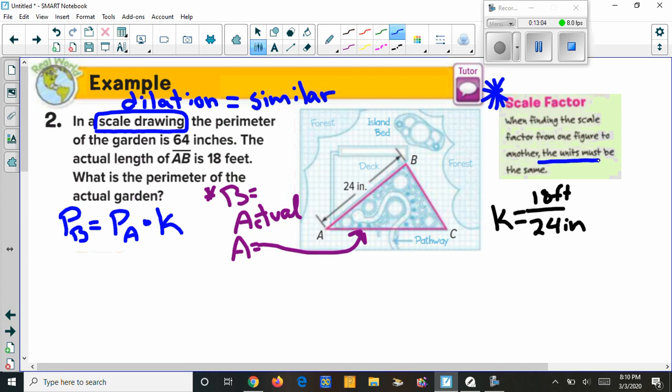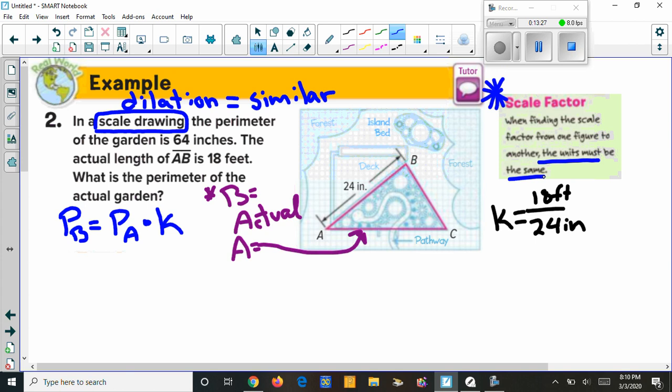Now, we need to have units that match. The units must be the same. So we should ask ourselves whether we should turn this into inches or feet. Since I'm talking about a real life garden, and that is rather large, I would say we want to try to work in feet for this type of problem.